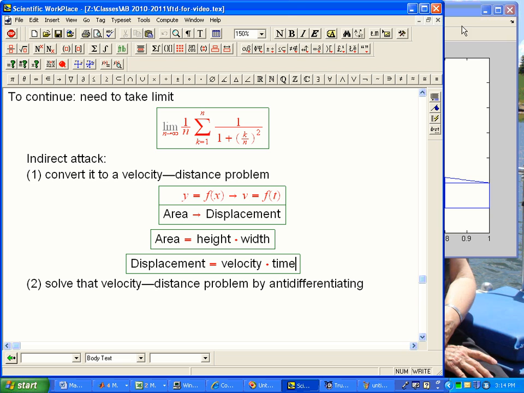Okay, so that means that any area problem we can, if we want to, convert to a velocity distance problem. Why on earth is that useful? It's because we already know how to solve velocity distance problems.